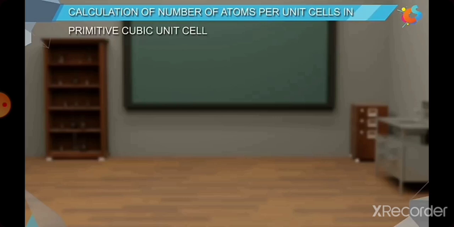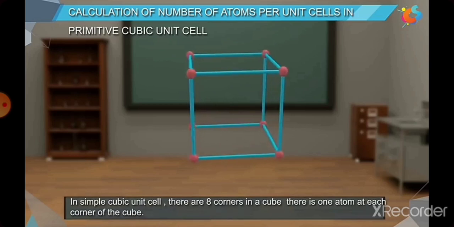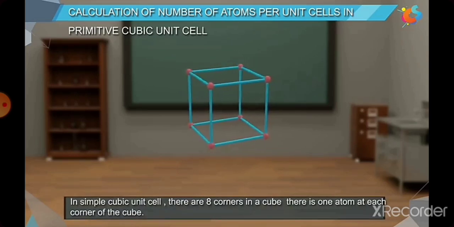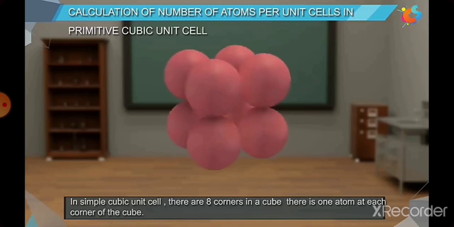Calculation of number of atoms per unit cell in a primitive cubic unit cell, the simple cube. In a simple cubic unit cell, there are 8 corners in a cube. There is 1 atom at each corner of the cube.